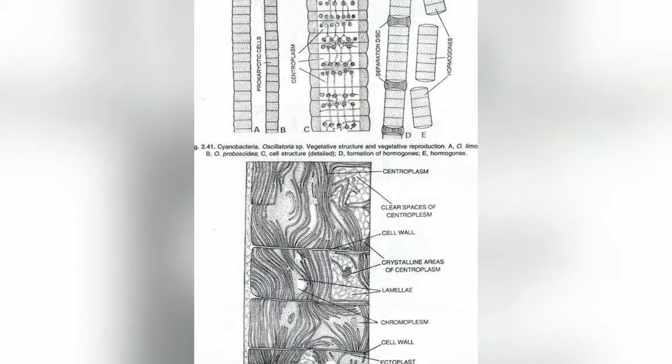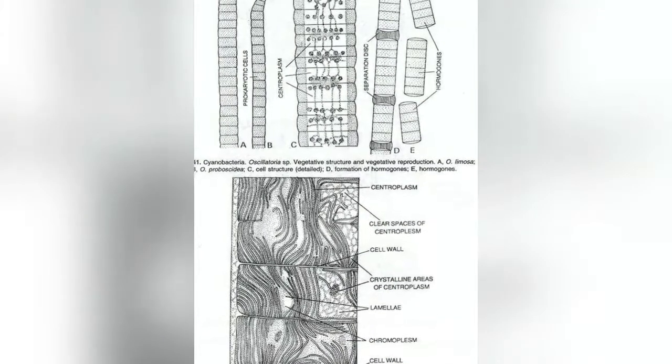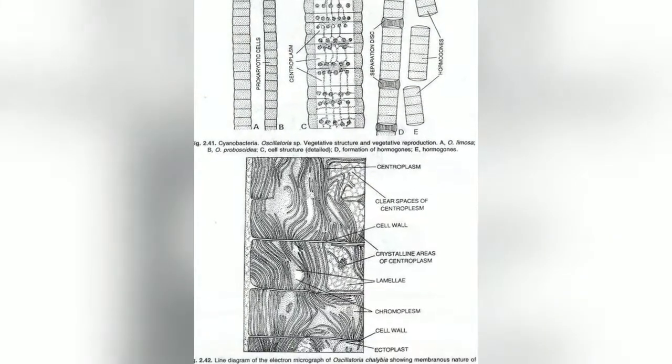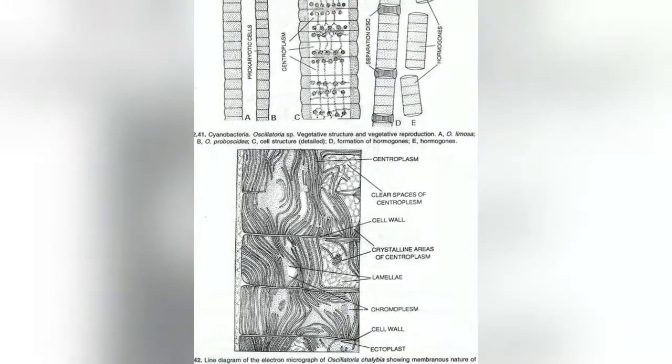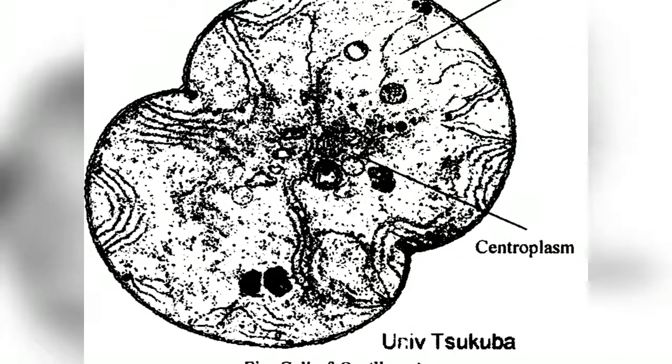Now growth. Oscillatoria exhibits intercalary growth. All cells of trichome are capable of division. They divide at right angles to long axis of trichome. In Oscillatoria, cell division occurs by median contraction of the cell.